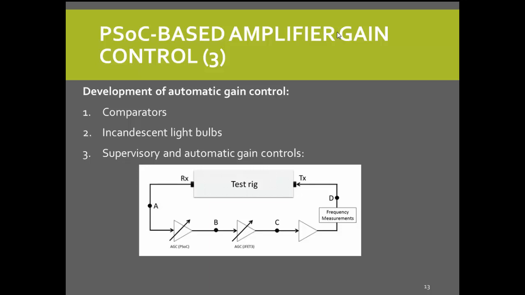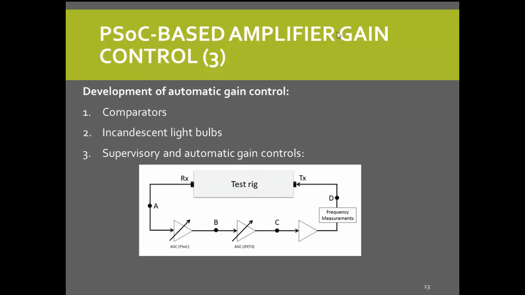So we have three stages of amplification. The first one is using the first method, which is the comparator. When the signal travels from point A to B, the signal at point B should be high in order to have an optimum level for the next AGC to work.